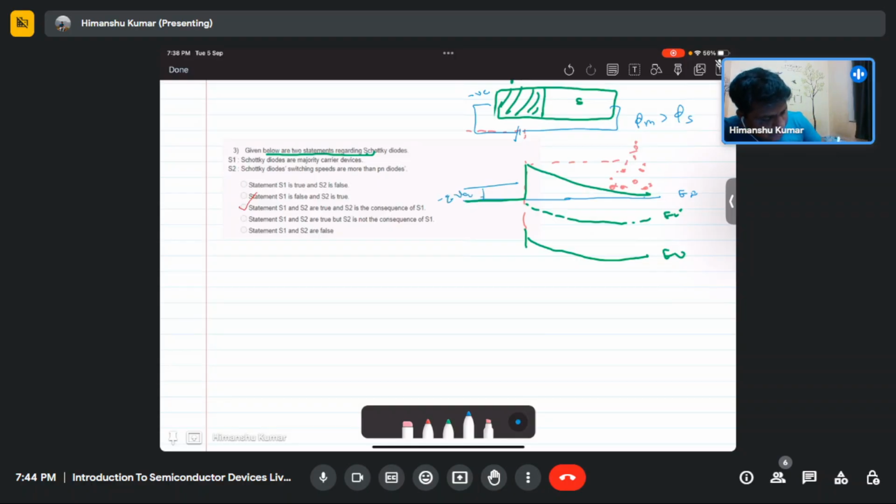The barrier, since it is a material dependent parameter, stays the same: the gap from the conduction band of silicon to the Fermi level of the metal is always constant.